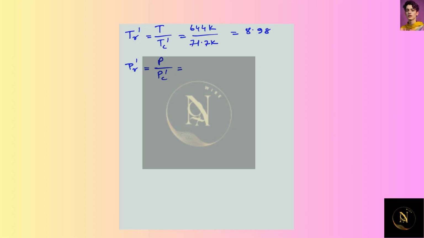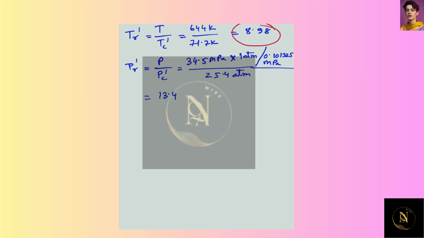The given pressure for the system is 34.5 megapascal. Let's convert it to atmospheres: 34.5 megapascal multiplied by 1 atmosphere divided by 0.101325 megapascal, and we divide it by the pseudo-critical pressure, which is 25.4 atmospheres, and we get the pseudo-reduced pressure as 13.4.